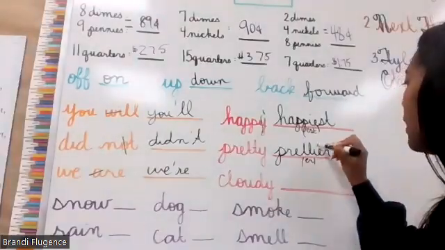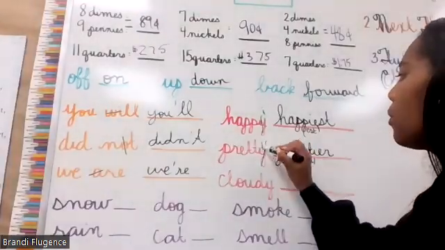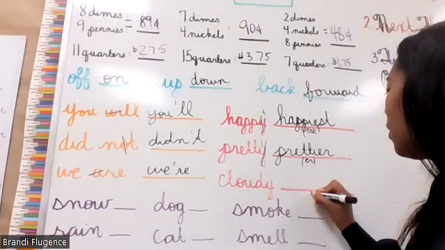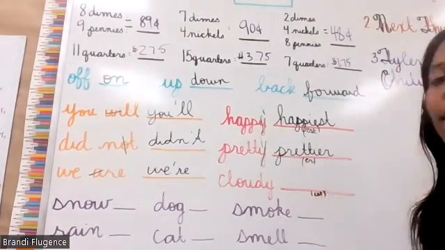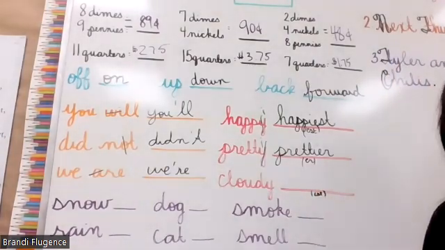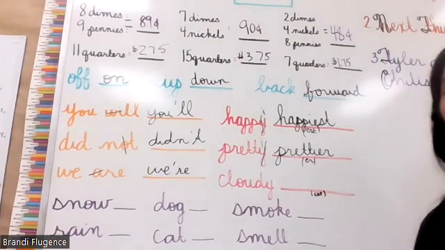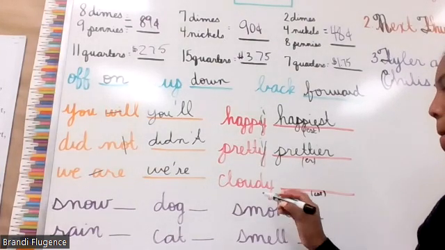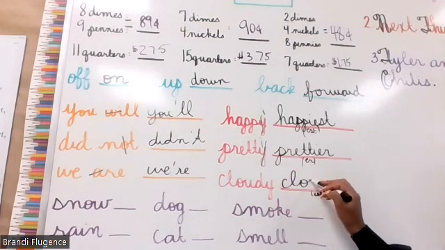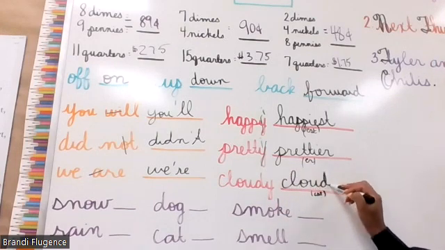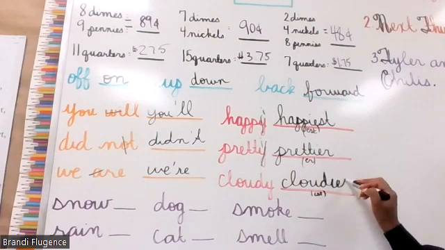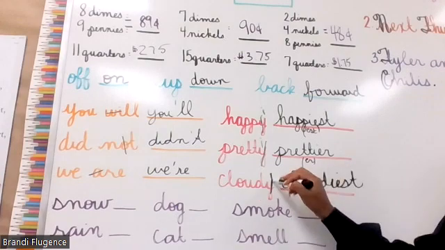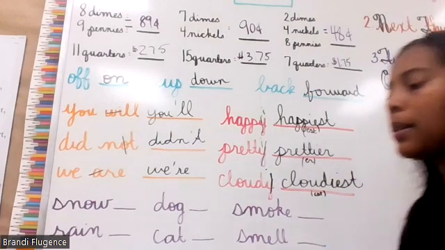P-R-E-T-T-I-E-R. Take off the Y, turn into I. And cloudy into cloudiest. Brayley, how would I write that? Yep, take off the Y, turn it into I. Good. So just remember that's our new rule.